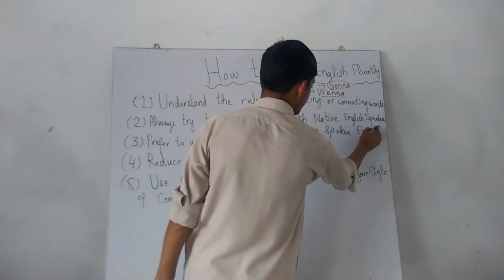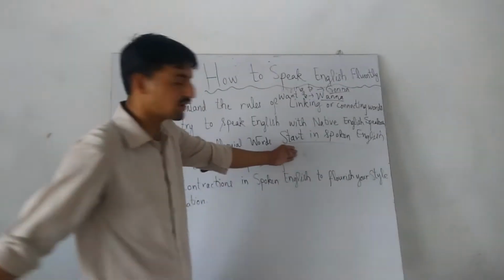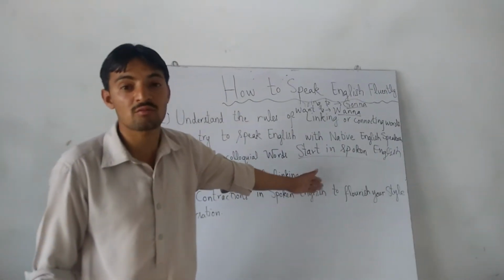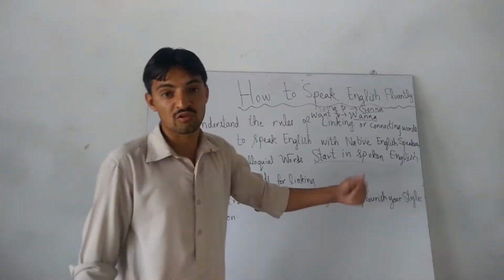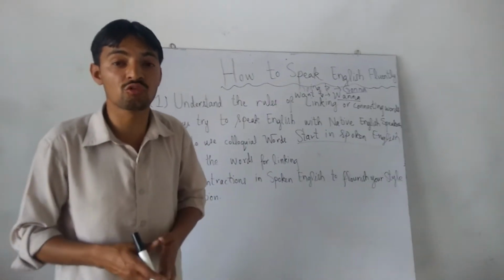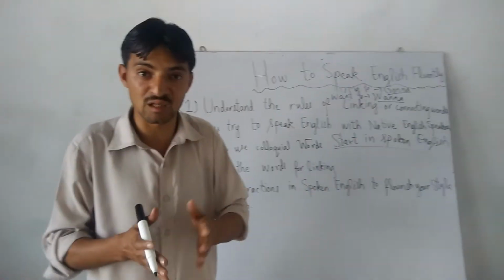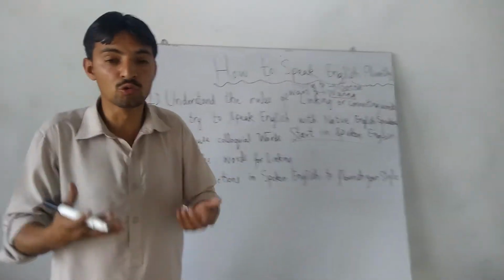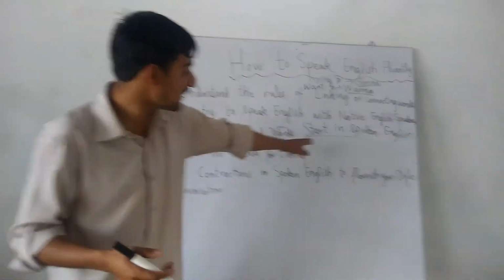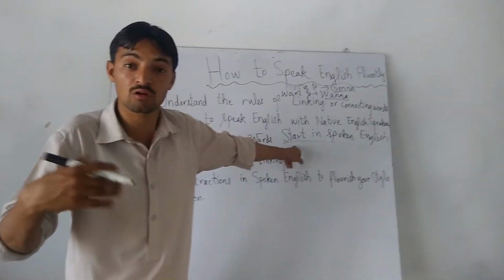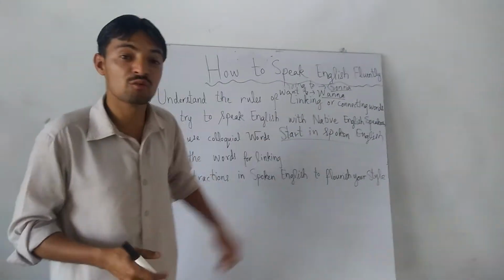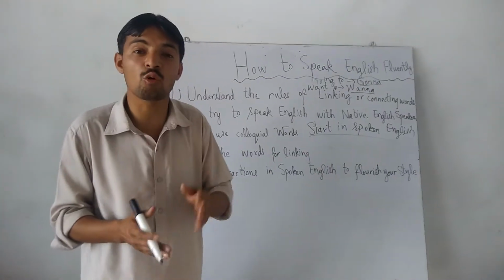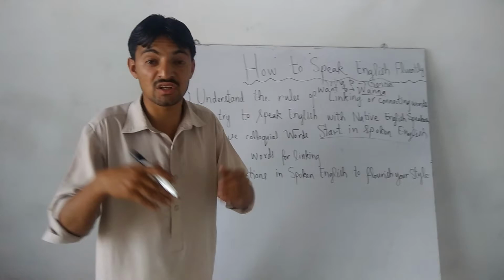Start can be used in spoken English, and begin, the alternative form of start, is always used in written form. In written English, it is a must to use the word begin. But if you are speaking English, in conversation with someone, it is important to use start, not begin. Begin is always used in written English.